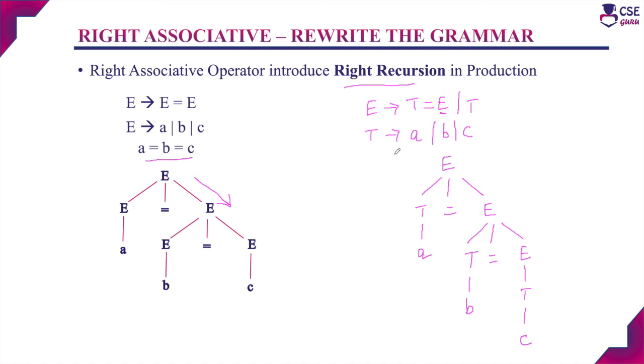So now we have converted this ambiguous grammar into an unambiguous grammar by implementing the right recursion in the production for the right associative grammar. So in an expression, if the operator is a right associative operator, introduce the right recursion to eliminate the ambiguity.